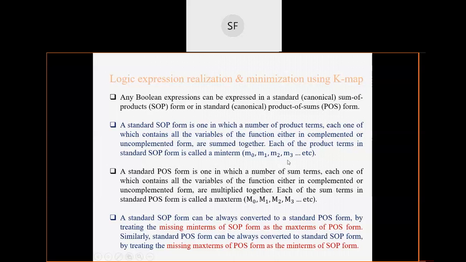Suppose in your function only min terms m0 and m2 are present in the standard SOP form. Then the remaining, that is m1 and m3, are missing. These two missing min terms in the SOP form, you can treat as max terms in a POS form.